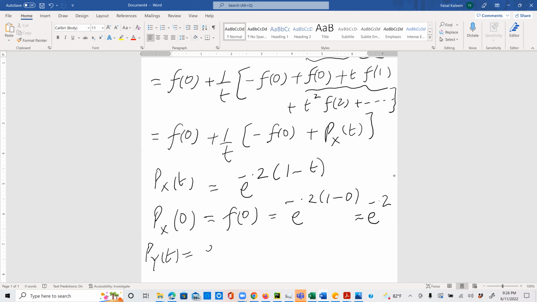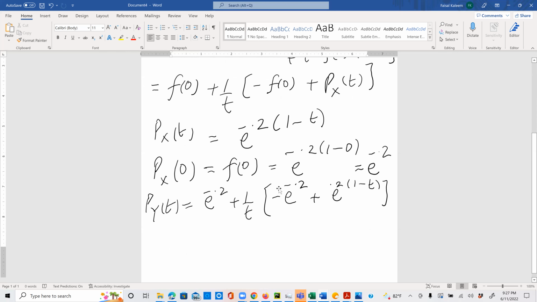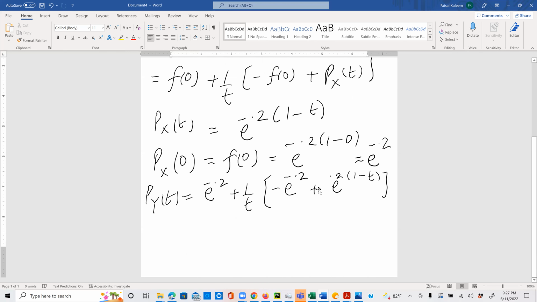So f of 0 is e to the negative 0.2 plus 1 over t negative e to the negative 0.2, and then the p x t is e to the 0.2 minus t. And now this would be a correct answer in a written exam, but of course here we have to pick up the correct multiple choice answer.